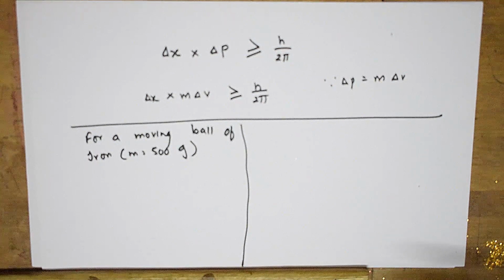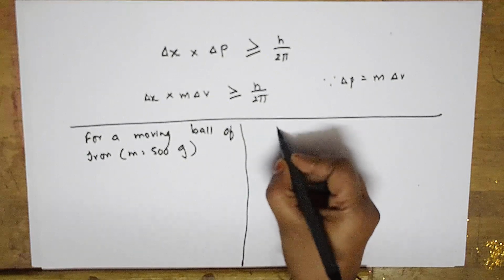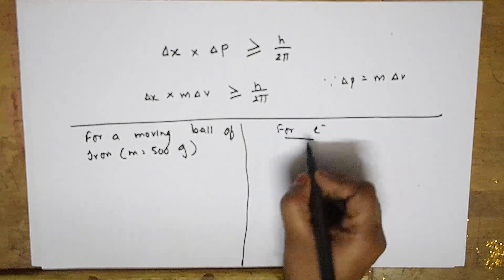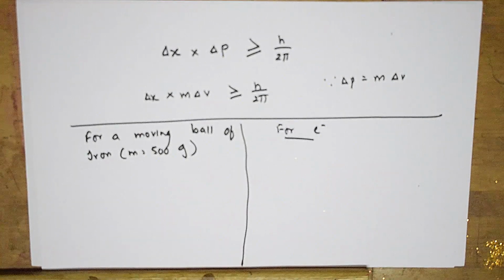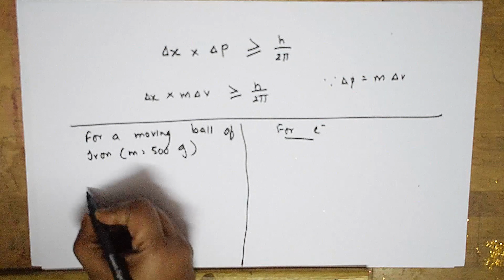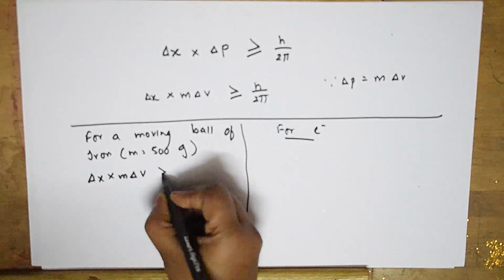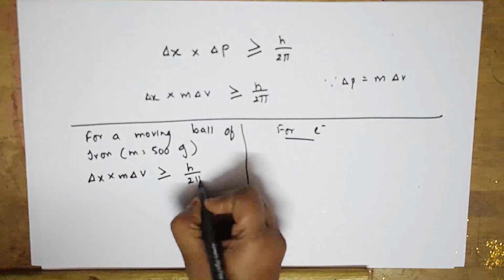The second concept which I'm going to compare is the same for an electron. For the iron ball, the same thing I'm writing: delta x into m delta v greater than or equal to h by 2 pi.